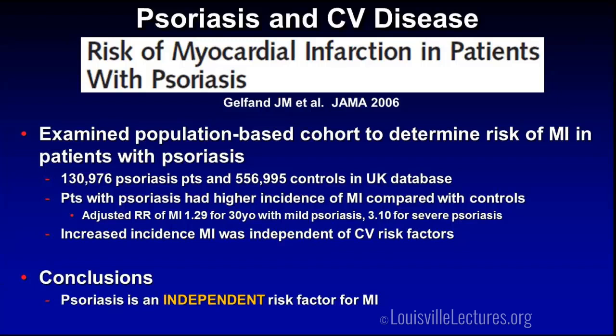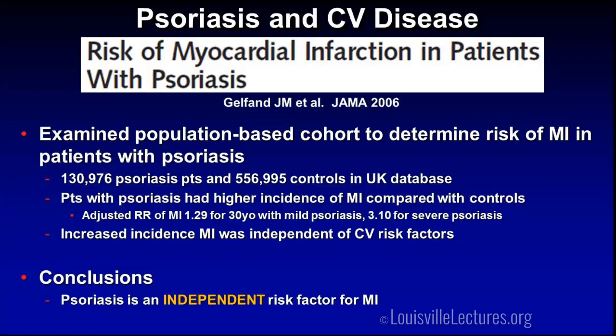Dr. Gelfand and his colleagues looked at the risk of myocardial infarction in patients with psoriasis by examining a population-based cohort. They looked at over 130,000 patients with psoriasis and over 500,000 control patients from a UK database. They found that patients with psoriasis had a higher incidence of myocardial infarction compared to the control patients.